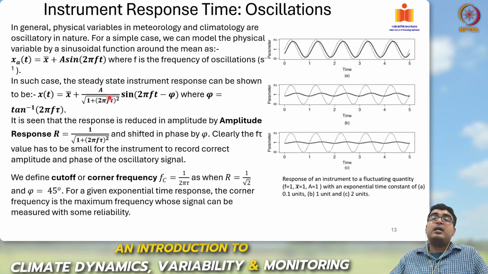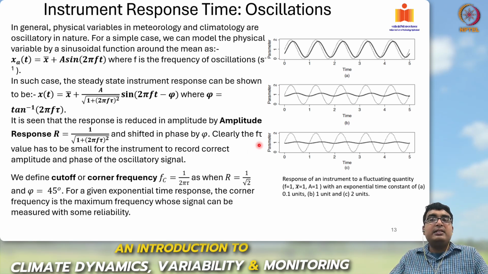Of course, if f tau is tending towards 0, then this becomes just A, and this becomes tan inverse 0, so this is 0 degrees. This will not of course happen, you will have a non-zero value of f tau, but it should be small to get accurate values.